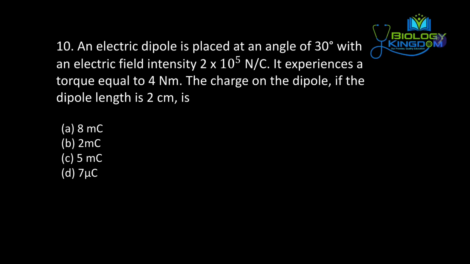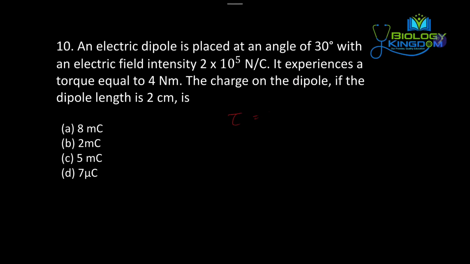An electric dipole is placed at an angle of 30 degrees with an electric field intensity. It experiences a torque equal to 4 Nm. Find the charge on the dipole if the dipole length is 2 centimeter.